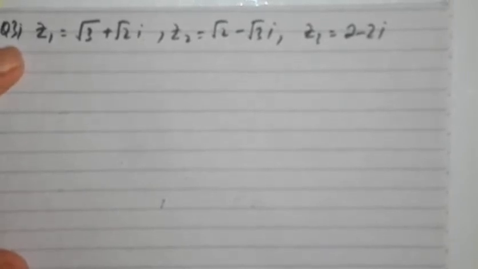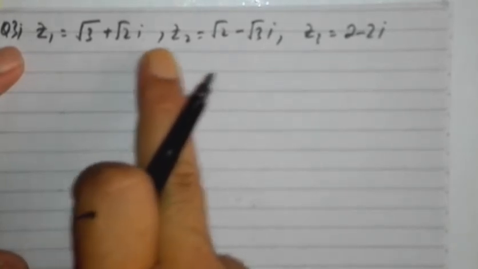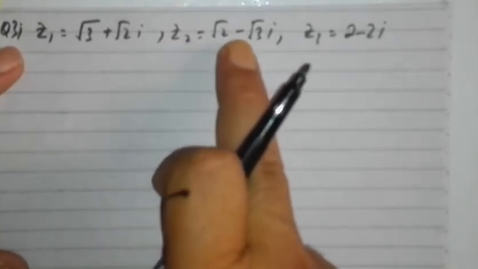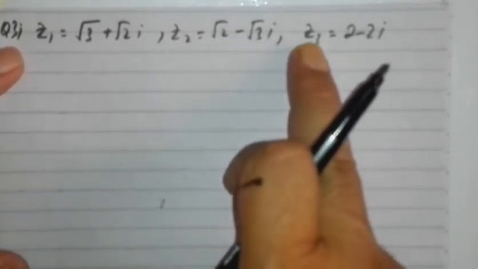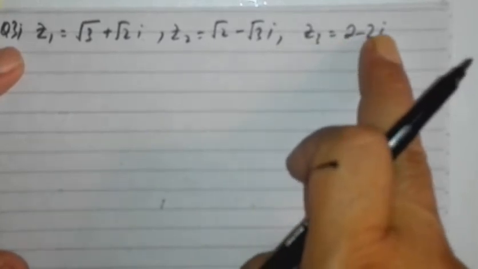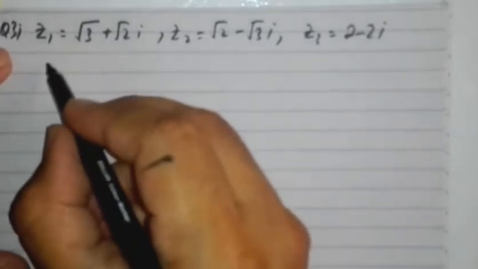Question number 3. Z1 equals under root 3 plus 2 iota, 2 under root 2 iota. Z2 is equal to under root 2 minus under root 3 iota, and Z3 is equal to 2 minus 2 iota. Verify distributive property of multiplication over addition.